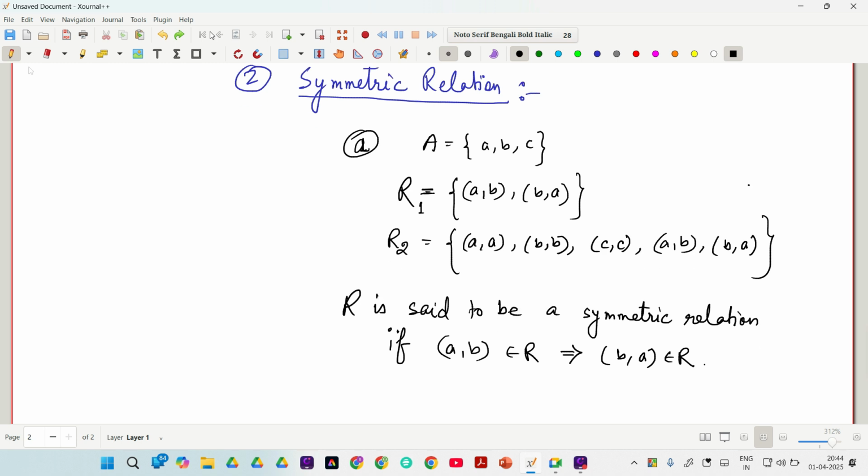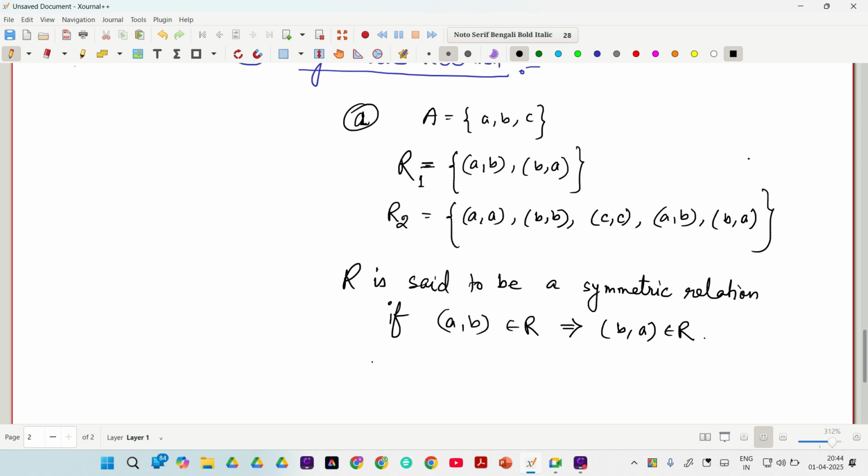So R is said to be a symmetric relation if A comma B belongs to R implies B comma A belongs to R. Note that it is not necessary that A should not be equal to B. It is not necessary that A and B should be two unequal elements.